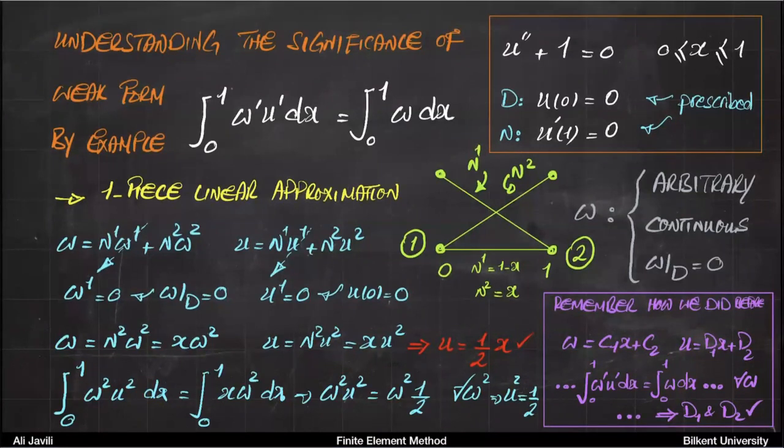So in the previous approach, the unknowns were D1 and D2. The unknowns were coefficients. Here in this approach, the unknowns are nodal displacements, basically U1 and U2. There is a paradigm shift of how you look at the problem.